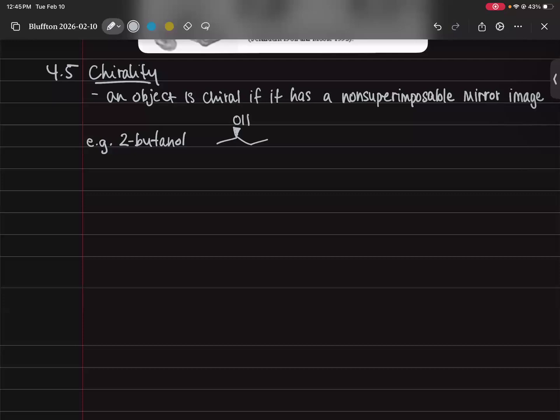Here is one isomer of 2-butanol. So a 4-carbon chain with an alcohol on the second carbon. The alcohol is coming toward us because it's on a wedge.